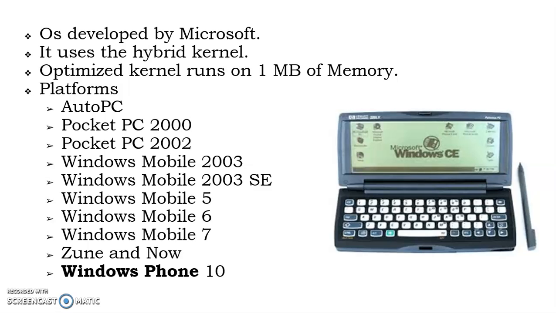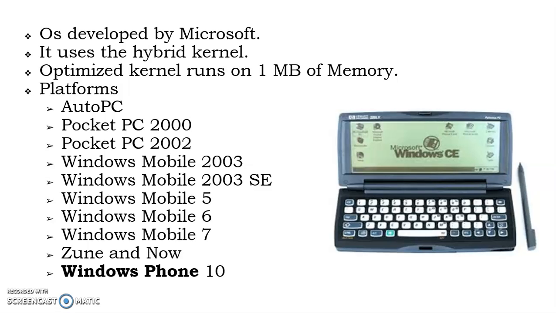It uses a hybrid kernel. Here I mentioned what is meant by kernel. The kernel is the core part of the operating system. It is responsible for all major activities of the operating system.